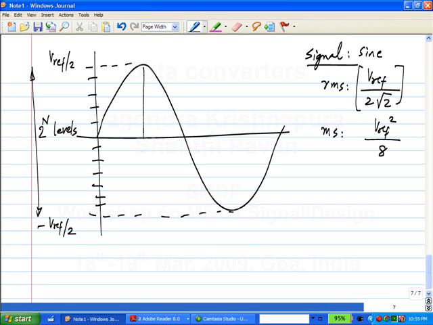Now I will also quantize it into 2 to the n levels. What is the size of each level? Vref by 2 to the n. VLSB is Vref by 2 to the n.